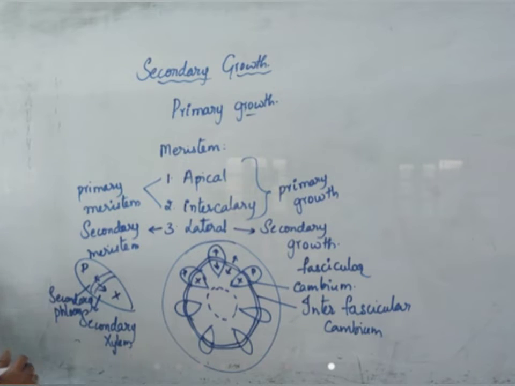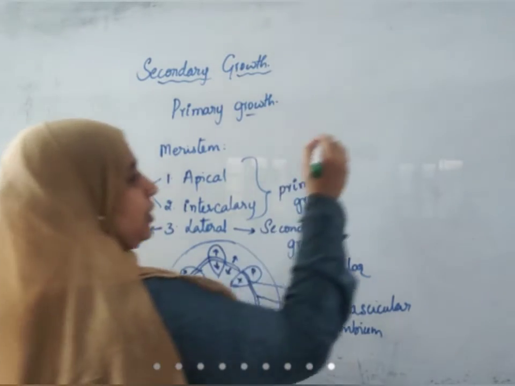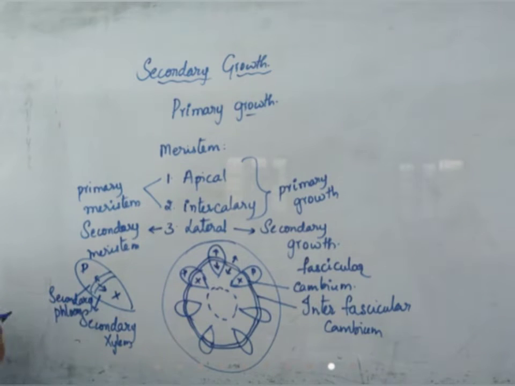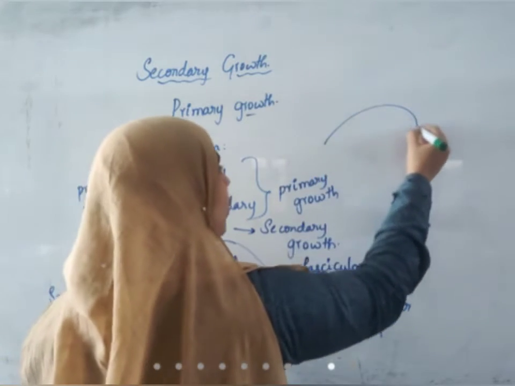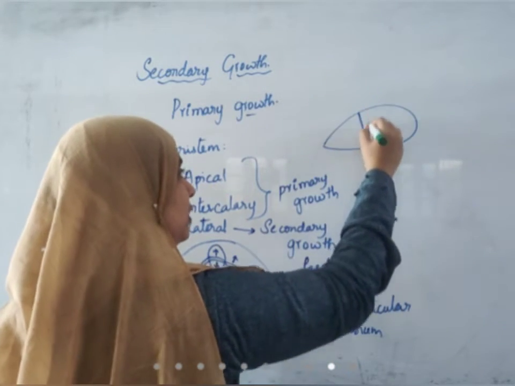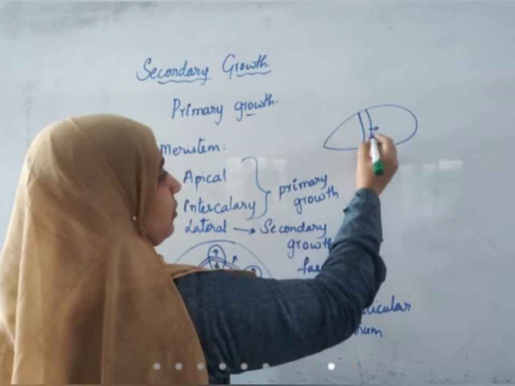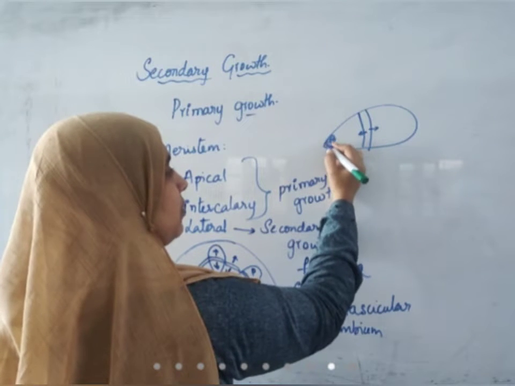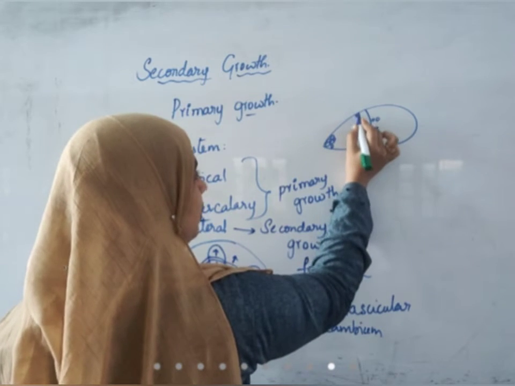I told you that primary phloem is present, but secondary phloem is present while primary phloem is not present. Why? Because when this growth is occurring, the primary phloem gets crushed off. But the secondary phloem will be preserved here.